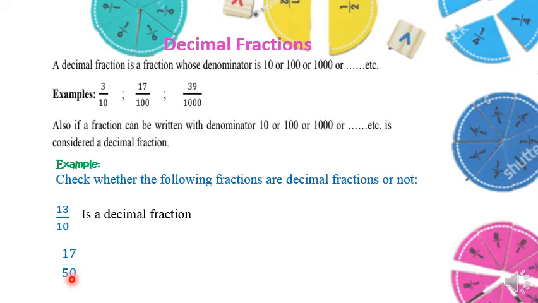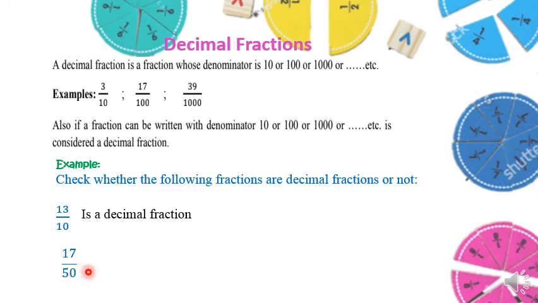In another word, I'm going to find an equivalent fraction to this fraction just by multiplying the numerator and the denominator by the same number, or by dividing the numerator and the denominator by the same number. In this case, you have 50. If you multiply it by 2, you will get 100.